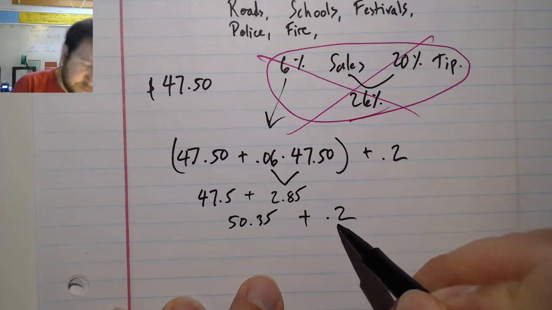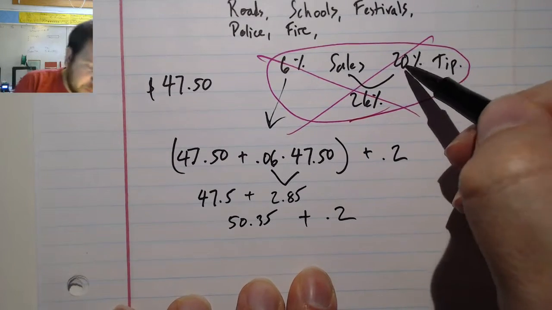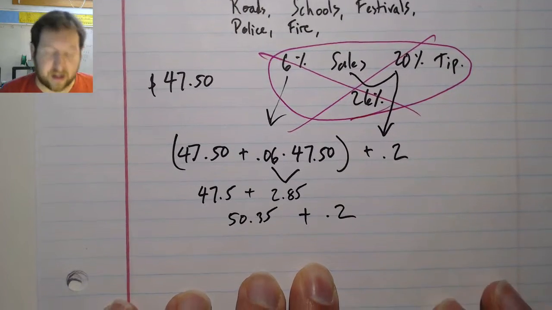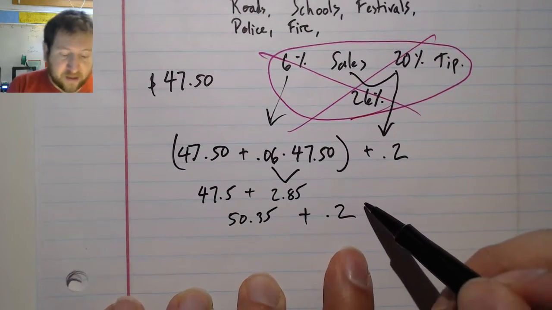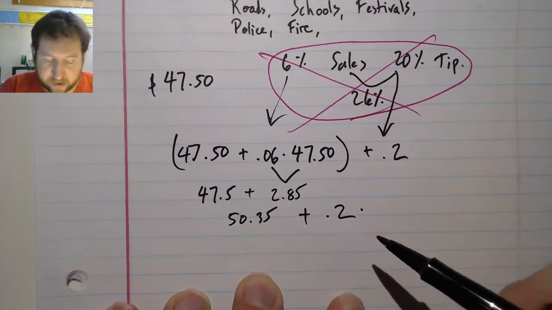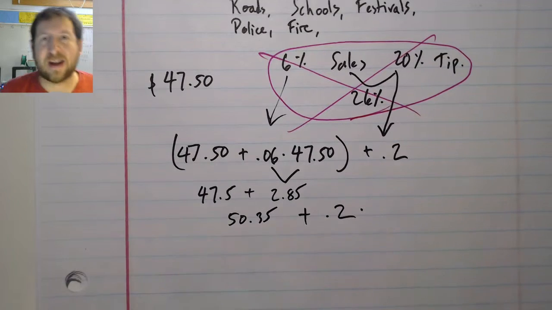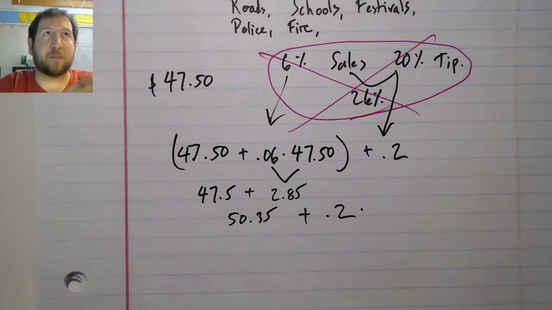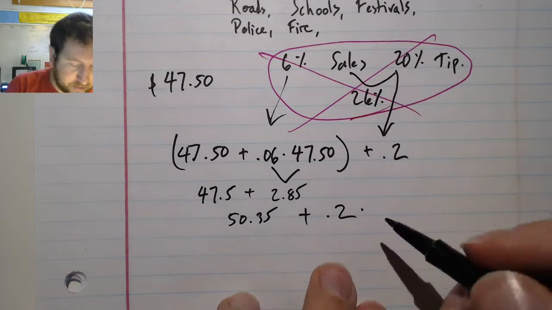Remember, I'm using 0.2 to represent my tip because my tip is 20%. So this kind of came down into this section of my math. The original that I'm going to be multiplying, and adding back to my original, is this number that I now have, because I use the post-tax amount, after I've calculated the tax.